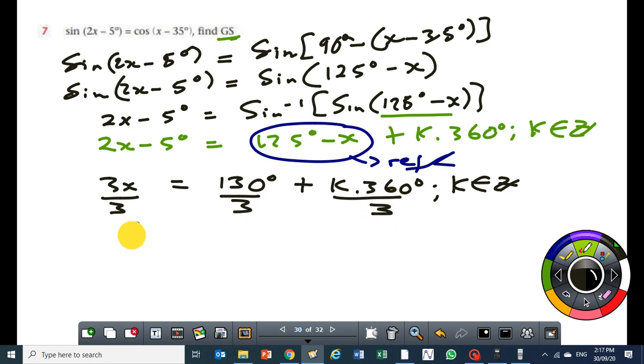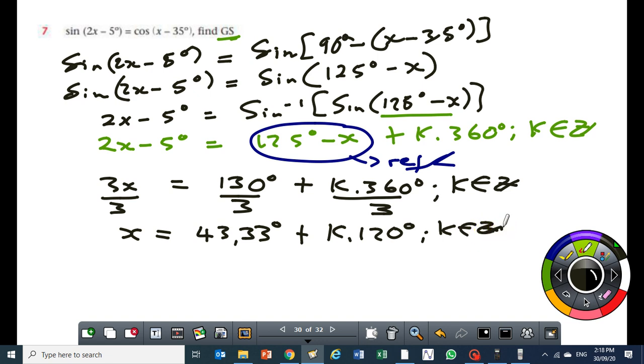So you end up getting x equal to 43.33, to one decimal place. Let's make it 2. Generally it's 2. So that will be plus k times 120 degrees. So this is your first general solution.